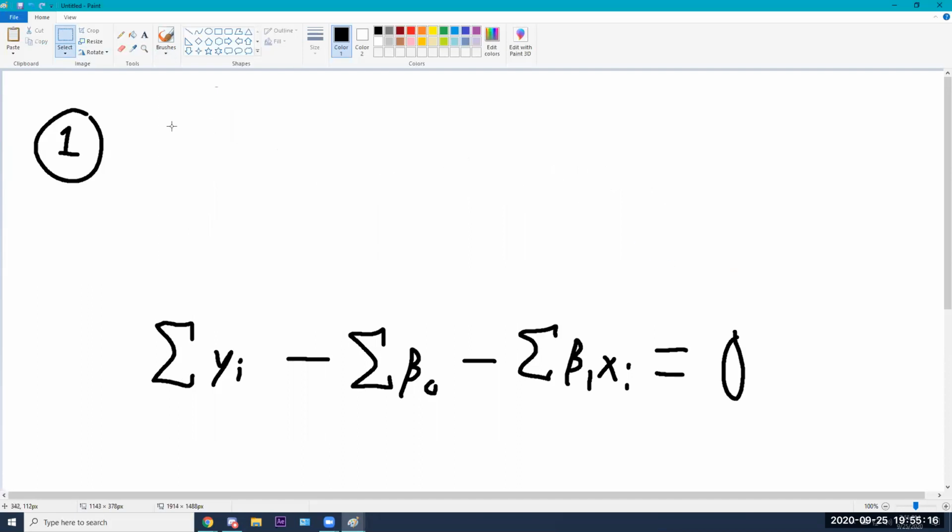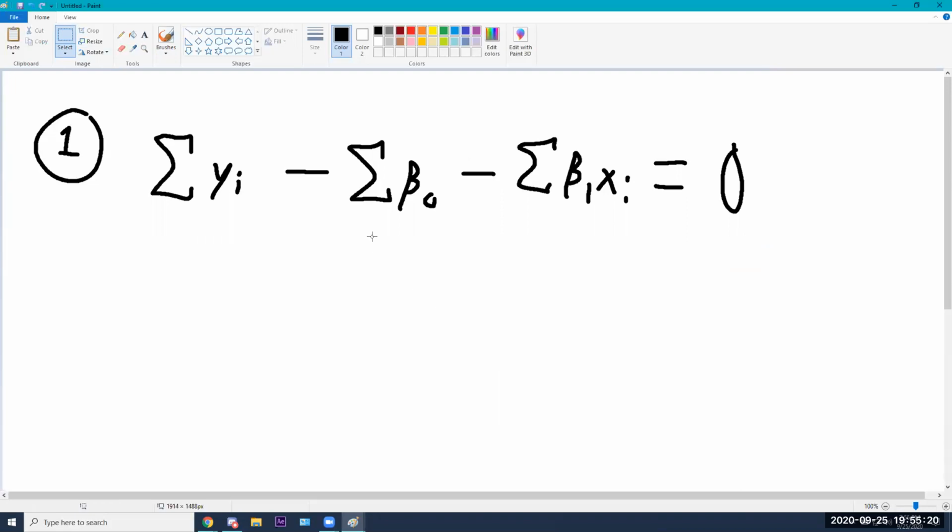So now we have this equation. It's the same thing, but just split apart now. And so now, if you remember, this is a sum from i equals 1 to n. For this beta naught term, what is that equal to?